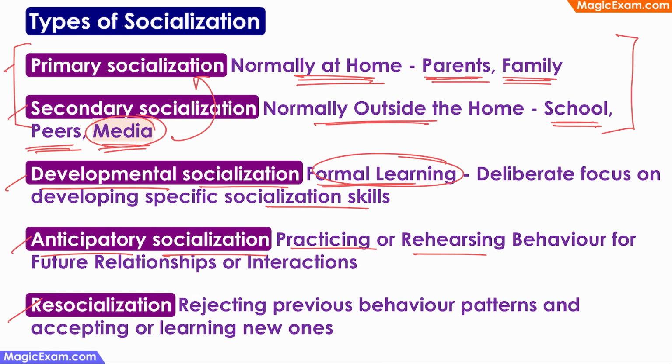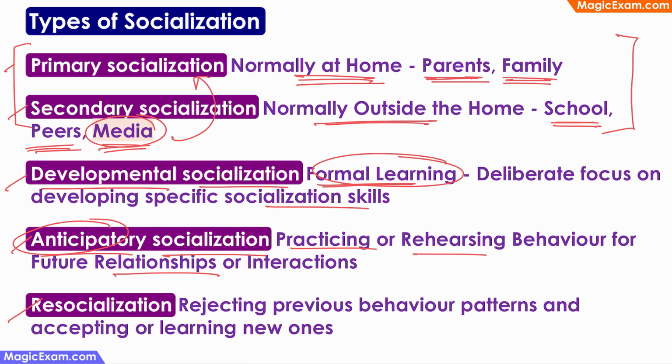How am I going to introduce myself to them? How am I going to interact with them? How am I going to stand? So if I am practicing some type of behavior informally, in anticipation of some future social situation or a future social relationship, that is anticipatory socialization because you are anticipating or expecting something.